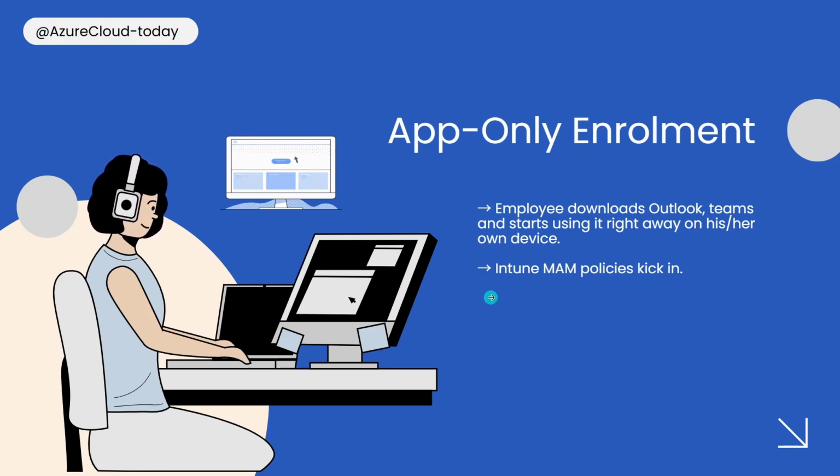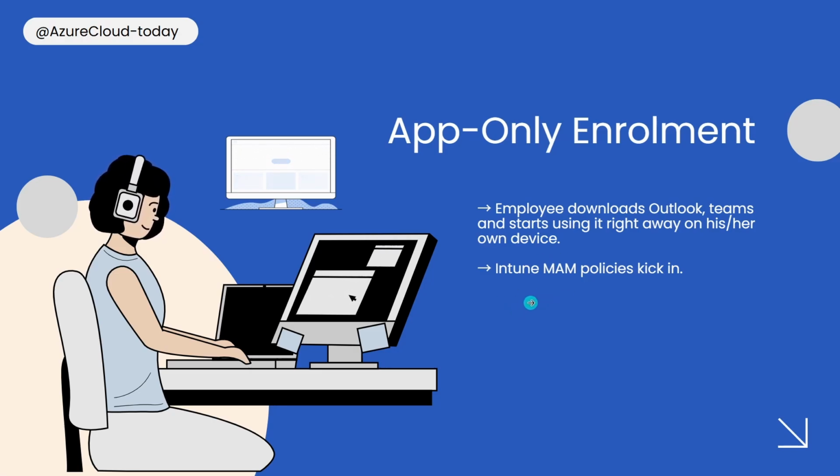They simply open a work app like Outlook or Teams, then sign in with their work account, and Intune app protection policies automatically kick in. Nothing related to managing the device is possible here, as the device was not enrolled to Intune in the first place.